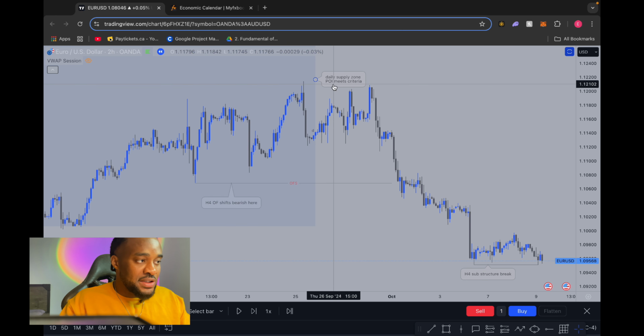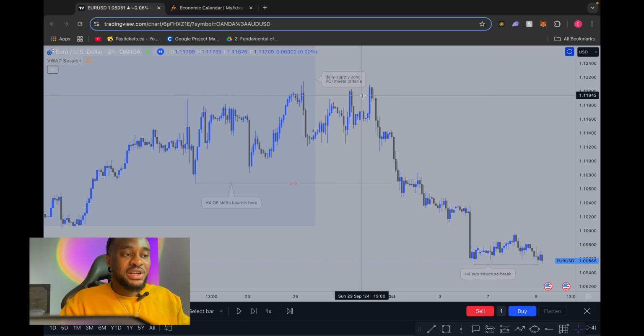If it didn't, then I'm going to put POI didn't meet criteria, which in other words means that I broke my trading plan because I did not trade from a valid point of interest. So me putting POI meets criteria tells me that I followed my trade plan for that day.